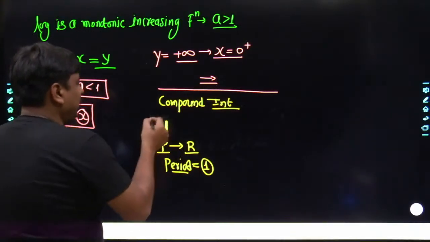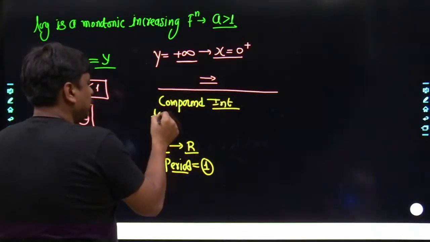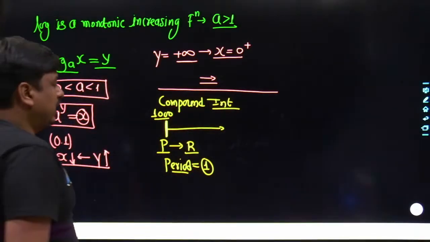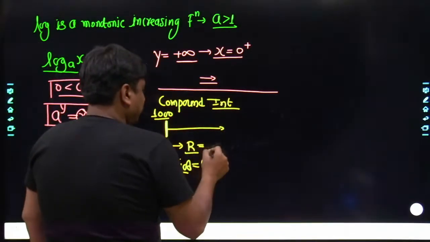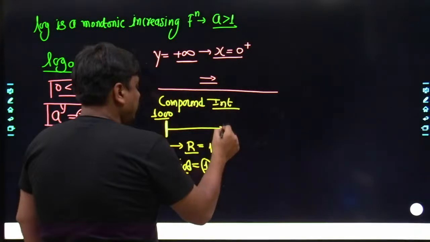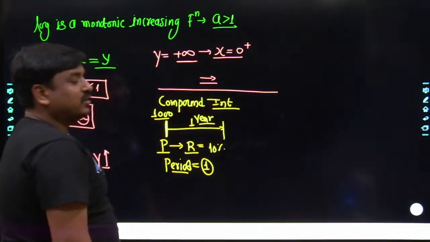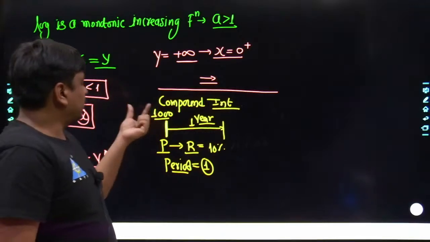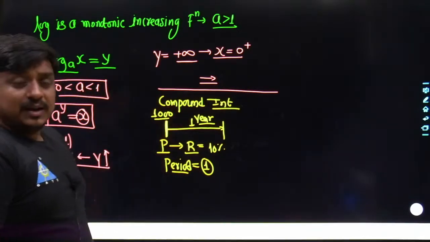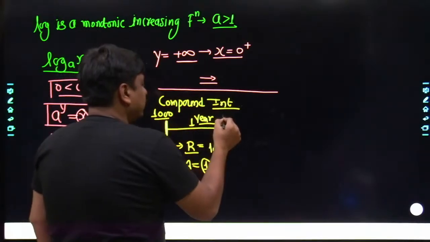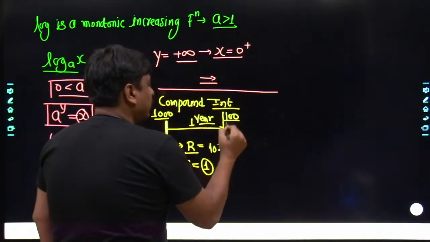Let's take that at the very beginning you have started with a principal amount of 1000 and the rate of compound interest is 10%. So may I know after 1 year, what would be the worth of your amount? Obviously 1000 rupees, and 10% of the 1000 rupees is nothing but 100 rupees, which would get added to the 1000, making it 1100.